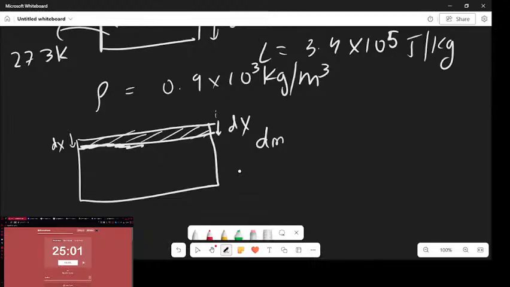dt into latent heat should be equal to... no, let us consider it freezes by a small 0.5 meter.